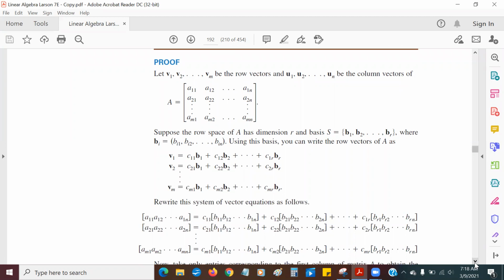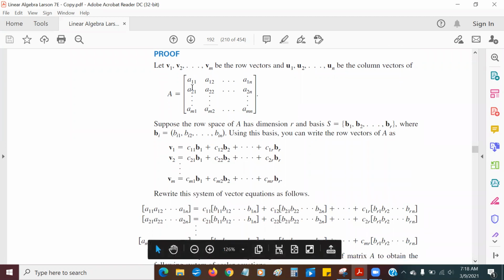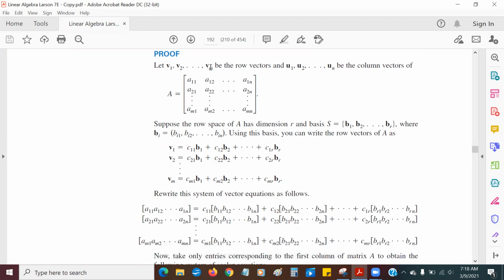So we're going to look at a matrix A, and we're going to let V1 through Vm be the row vectors, the horizontal guys, and U1, U2, through Un are going to be the vertical column vectors.